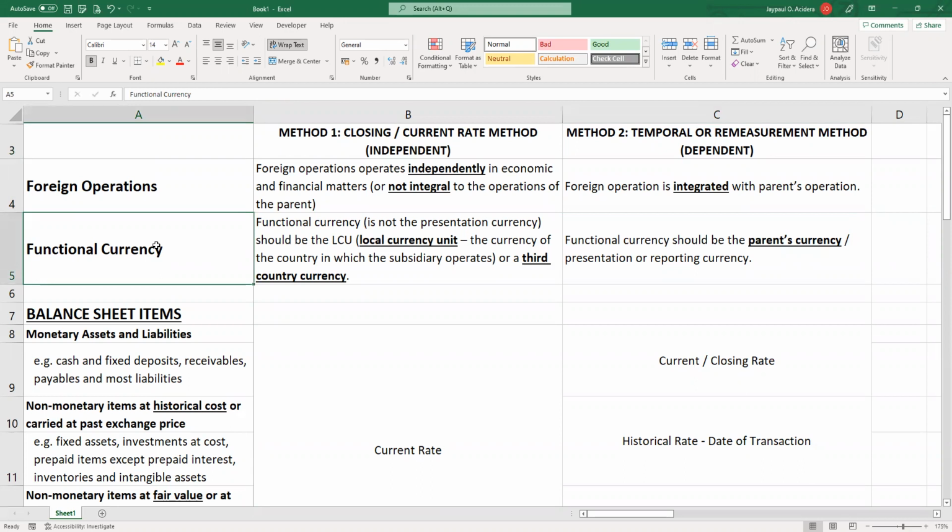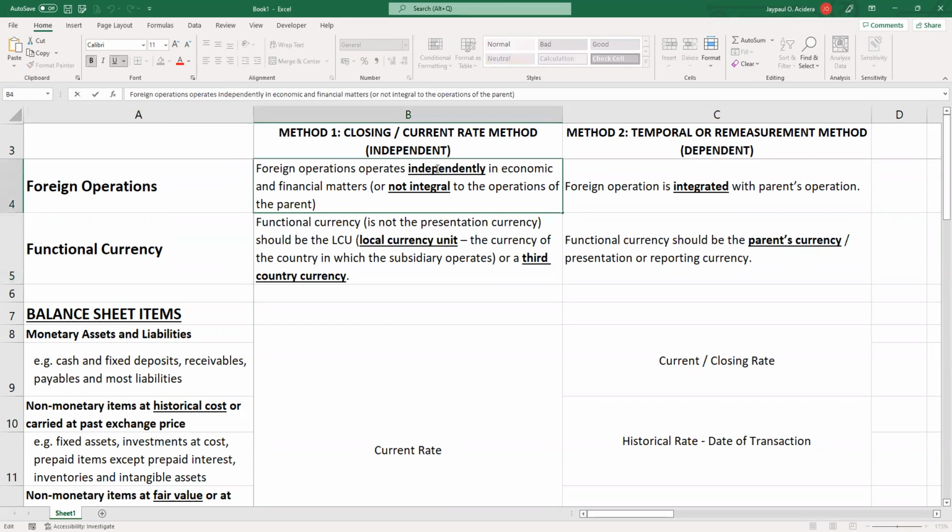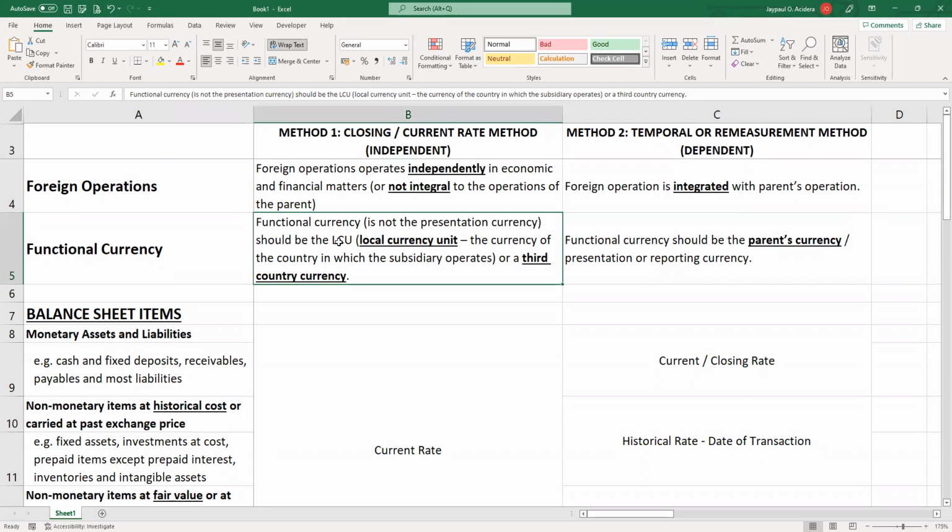Now, in terms of the functional currency, sometimes hindi sinasabi ng problem na independent yung foreign operations. Sometimes sasabihin ng problem ganito: the functional currency is the local currency unit. So for example, yung foreign operations natin sa Singapore, if assuming that it is independent, the functional currency of our foreign operations at Singapore is also the local currency unit or the LCU, which is Singaporean dollars.